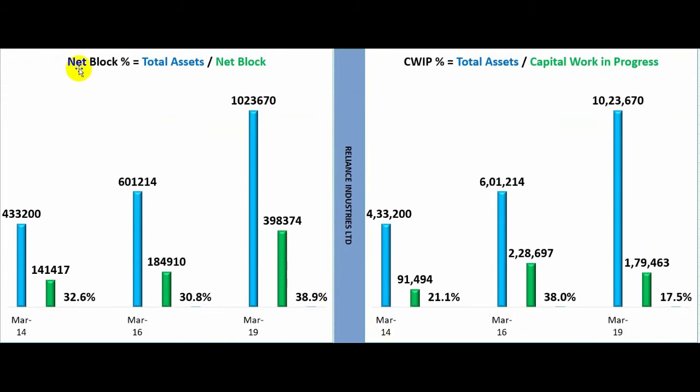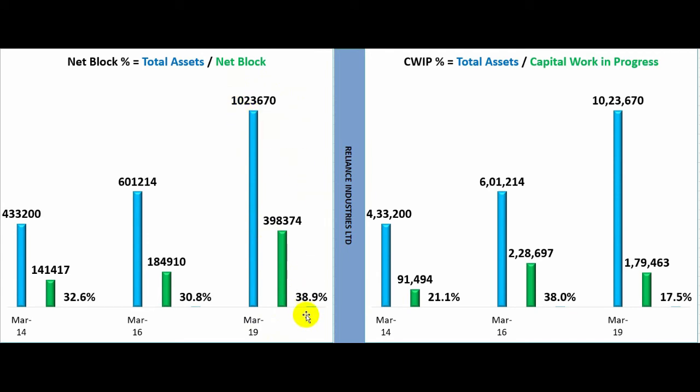Let us understand what component of the total assets is the net fixed assets. We don't want a very high net fixed asset percentage. In March 19 the fixed assets of the company were around 3,98,000 crores out of the total balance sheet size of 10,23,000 crores.